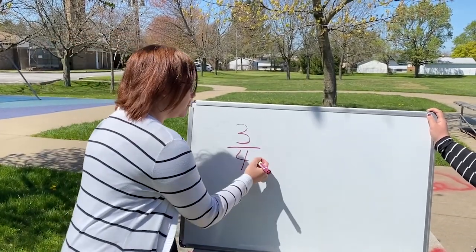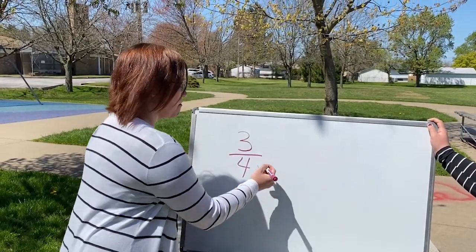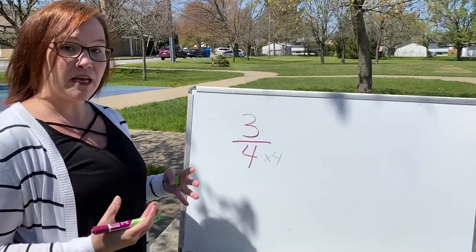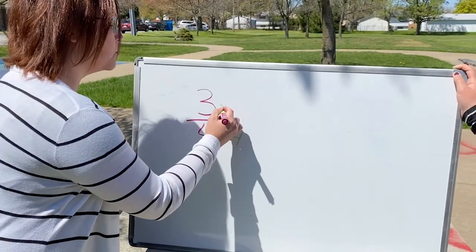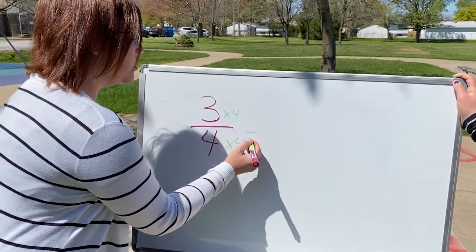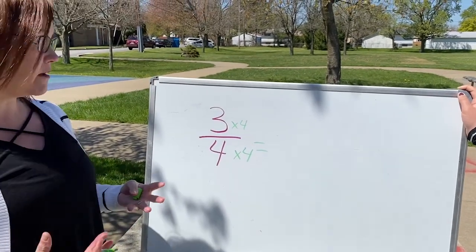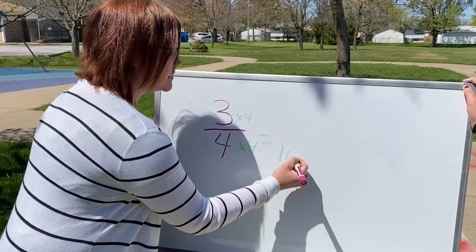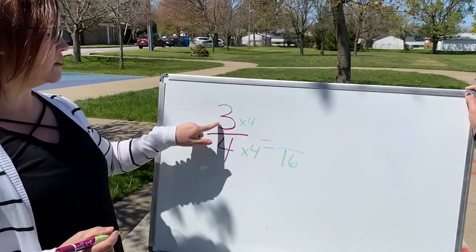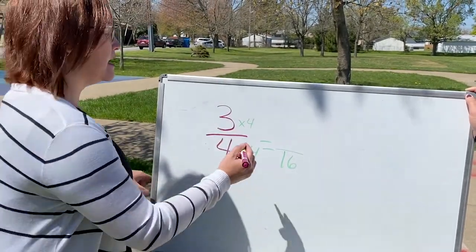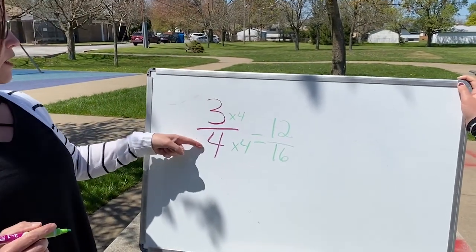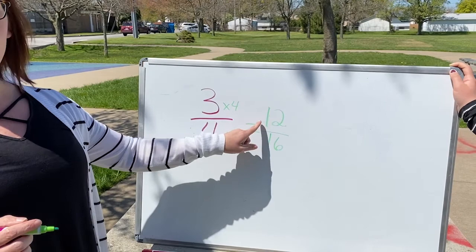If I multiply my denominator by 4, I must multiply my numerator by 4 as well. So then my equivalent fraction would be 4 times 4 is 16 for my denominator, and 3 times 4 is 12 for my numerator. So I have 3/4 is equivalent to 12/16.